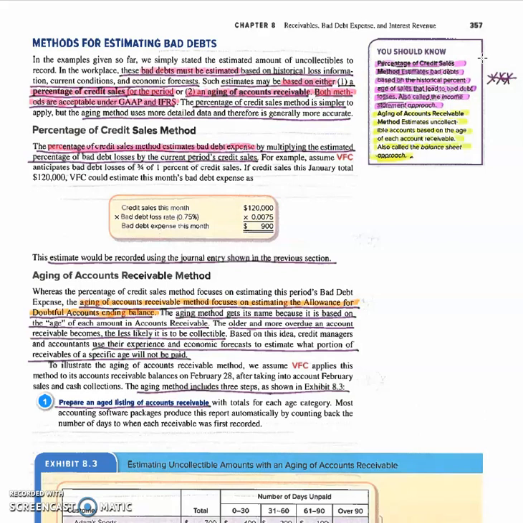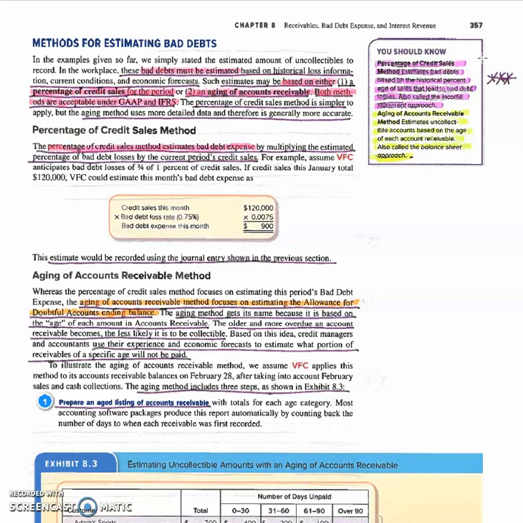So we're going to take that 1% and debit bad debt expense. So the emphasis is on making sure we get the right amount of expense recorded, and then the allowance account balance is just whatever it happens to be whenever we credit it for that $1,000. Remember, debit bad debt expense, credit the allowance for doubtful accounts.